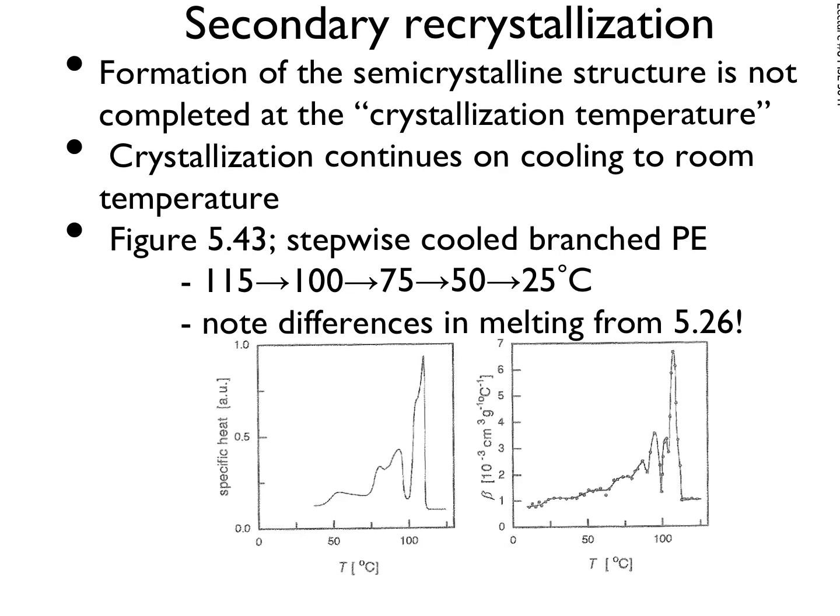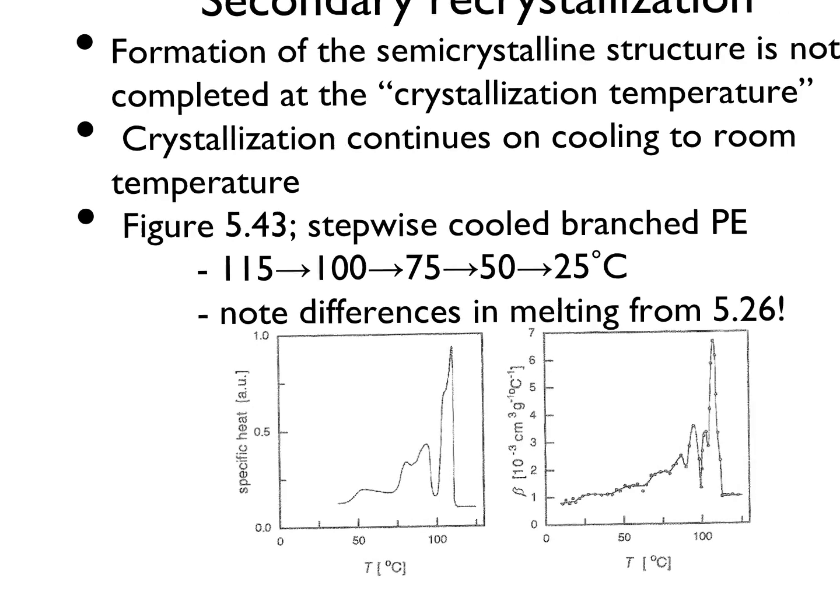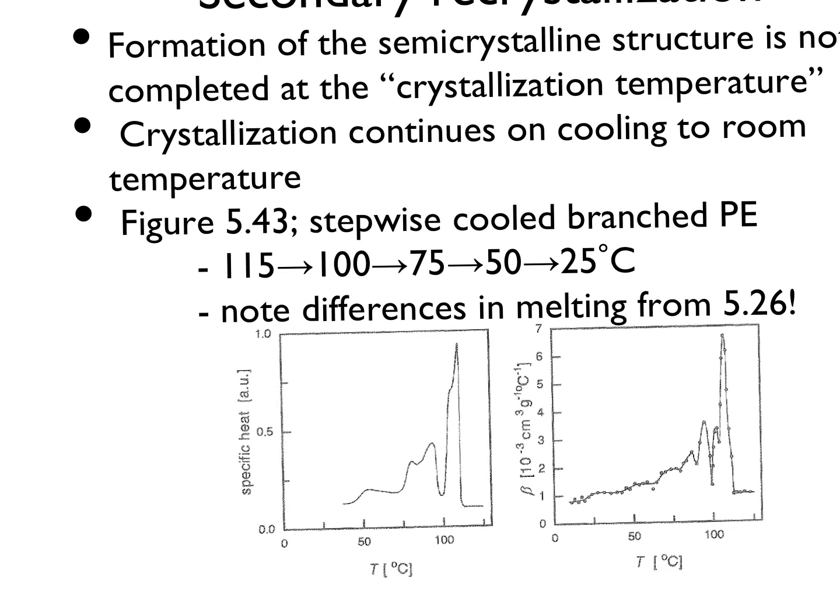All right, and so one way of seeing this is what's called the secondary crystallization process. And again, this is a DSC experiment. They started with branched polyethylene, and if you remember, polyethylene or anything that's in branched form can be difficult to crystallize because it doesn't like to accommodate branches.